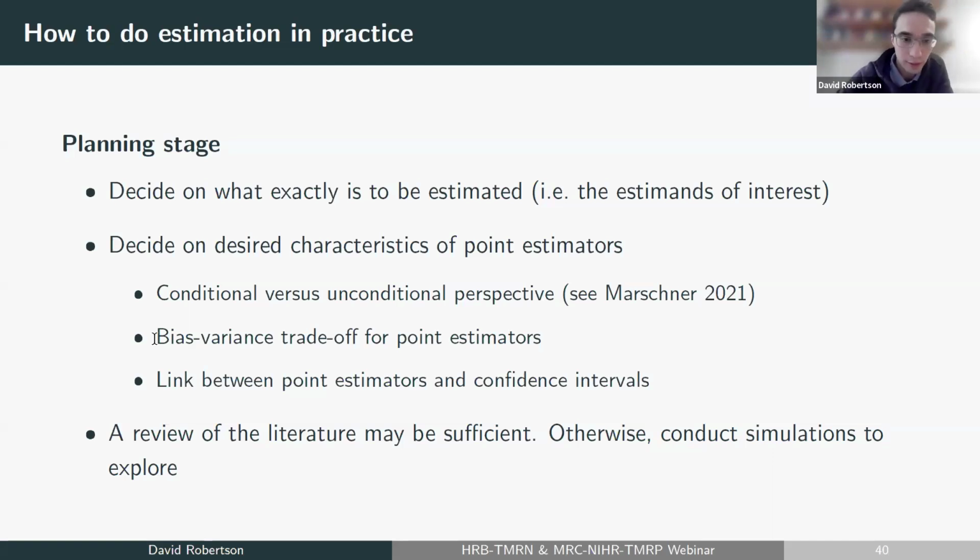As already highlighted throughout this talk, there's this bias-variance trade-off, which also needs to be discussed. This talk has been focused on point estimators, but of course, we want to characterize uncertainty around our treatment effect estimates through confidence intervals, so it's important to think about that link too.